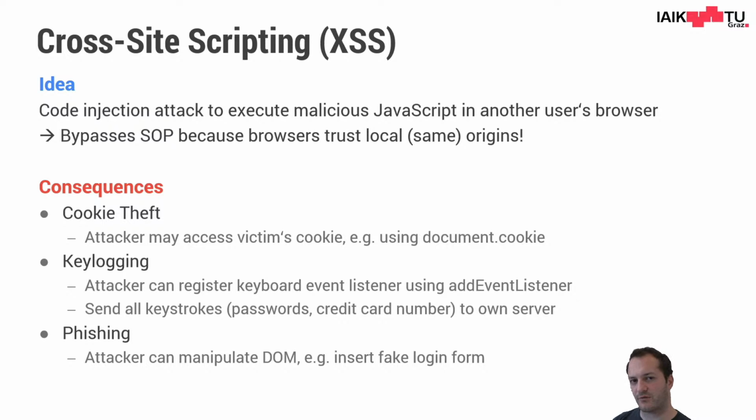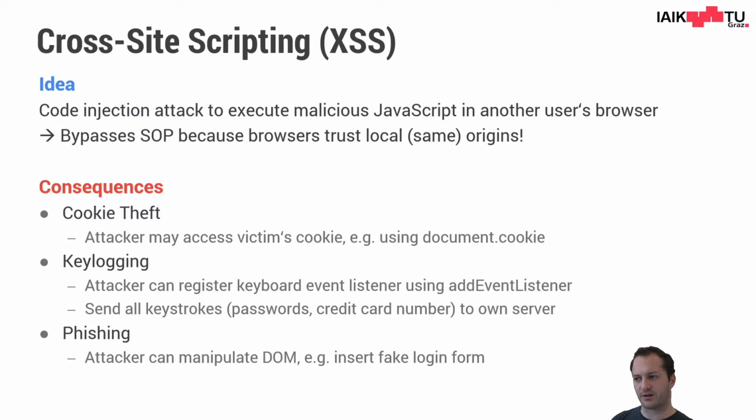Another option, of course, if an attacker is able to inject something, he could also inject a keylogger. Just imagine Facebook would have this, or Instagram, or whatever platform, and you as an attacker would be able to inject JavaScript that would just listen for keystrokes. If you're successful at that, for every key the user would hit, you would just record this somewhere, for example in HTML5 document storage, or even try to send it out somewhere.